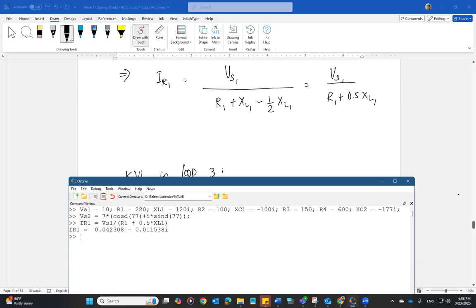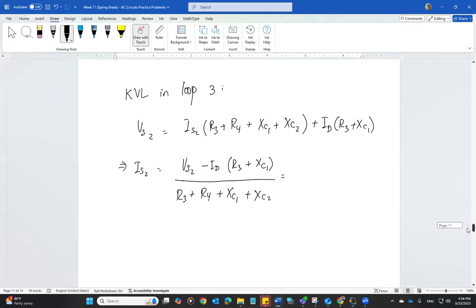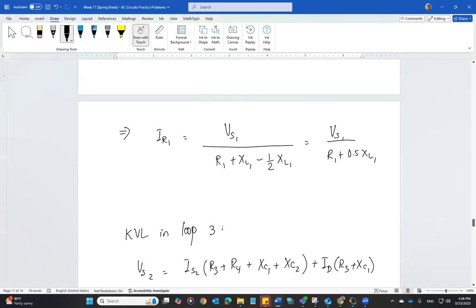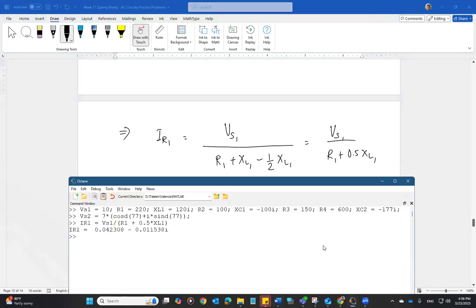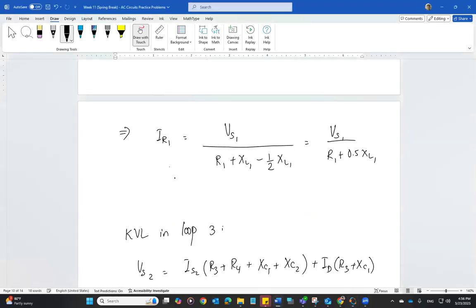Again, this is not my final result, so I'm not going to show it in the polar form. I'm going to keep it in the rectangular form. I can just write down the result: 0.042 minus 0.01j ampere.